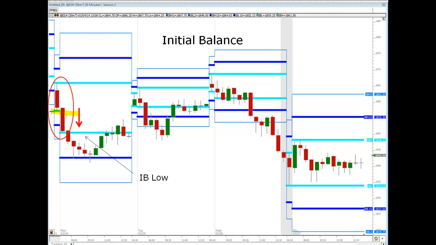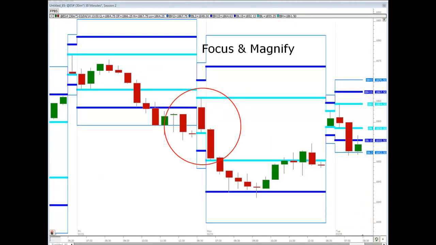I prefer techniques that you will see now that use more of a structured analysis of what's going on in the market and what's happening in price. So let's actually take a closer look at what's happening here during the initial balance period. And we can only do that by, first of all, focusing on the initial balance high, initial balance low, these first two periods, and taking a look at where they are relative to the overall price action in the market.